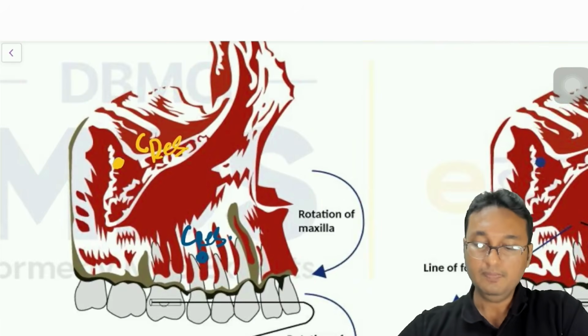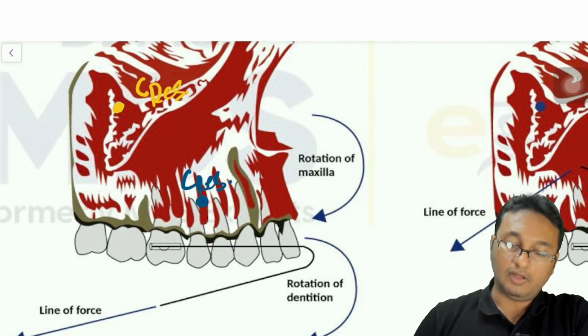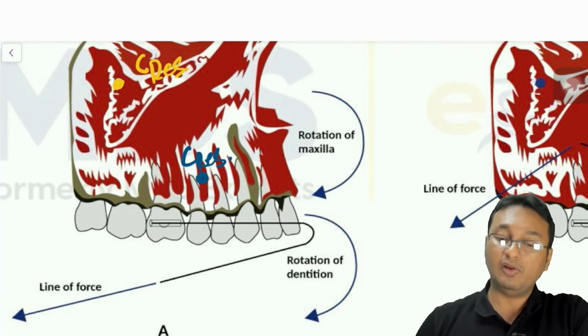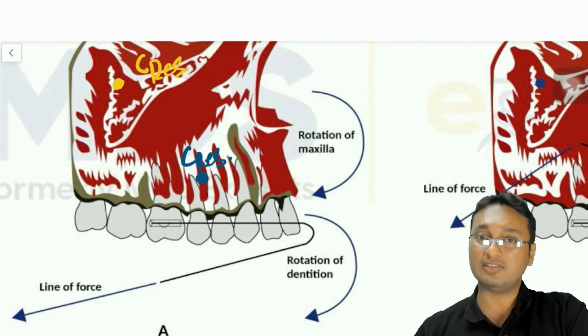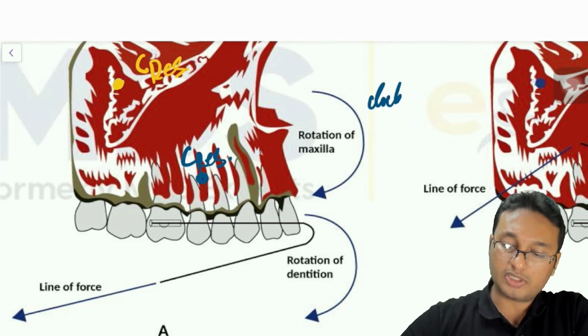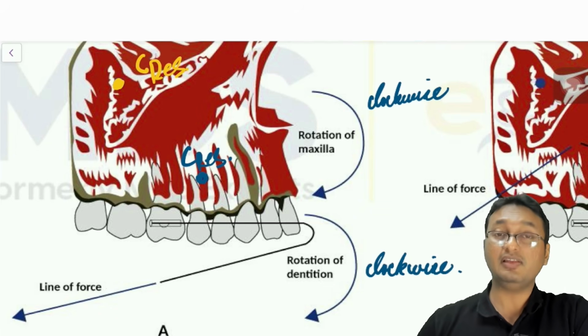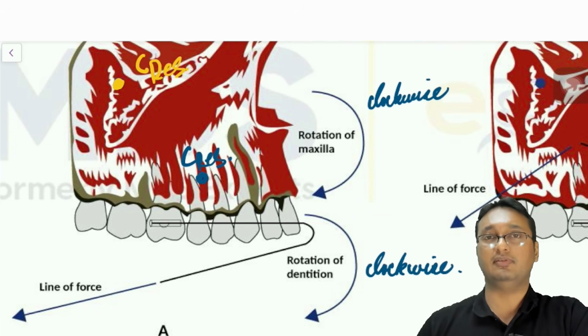Let me zoom in. Okay, this is the line of force of the outer bow. Now, when the line of force is passing below the center of resistance of the maxilla as well as the maxillary dentition, you observe a clockwise rotation of both the maxilla and the maxillary dentition whenever the line of force is passing below the center of resistance.